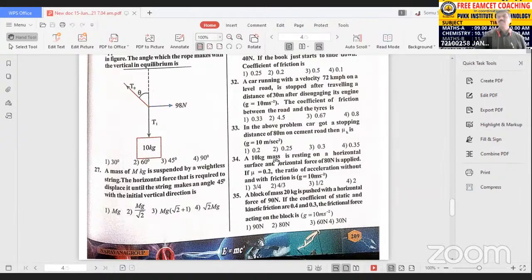What is given? Mass is equal to 10 kg and coefficient of friction mu is equal to 0.2. The options are: first option 3 by 4, second option 4 by 3, third option 1 by 2, and fourth option 2.